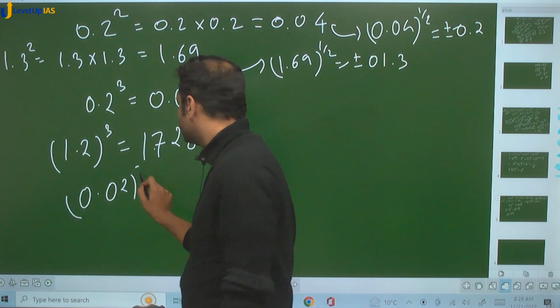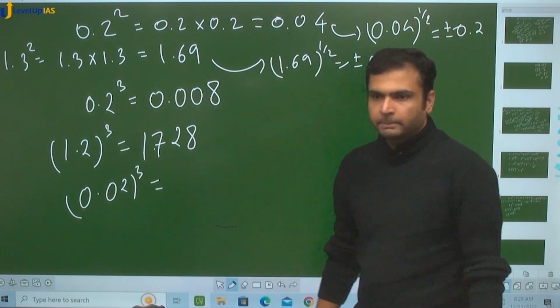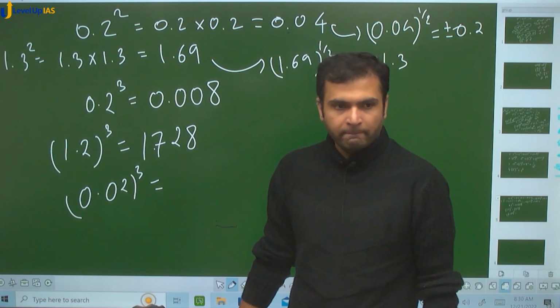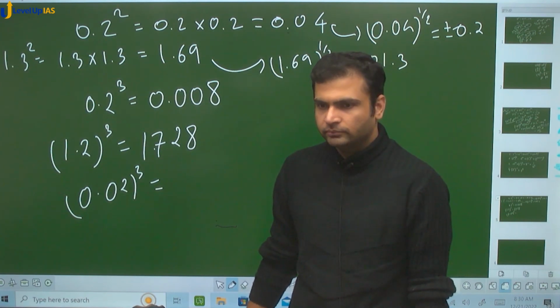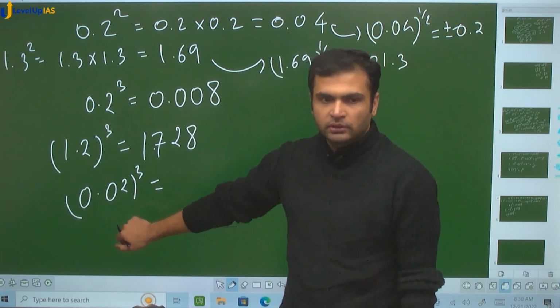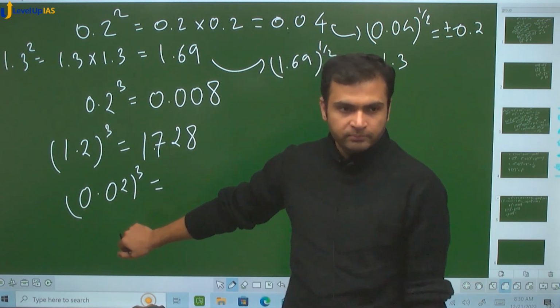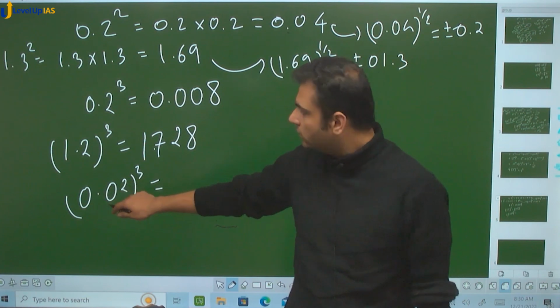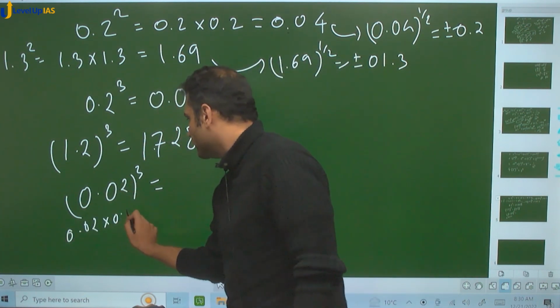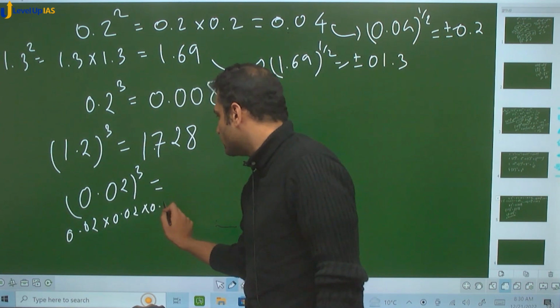What would 0.02 cube be? Here there are 6 digits after the decimal point, 2 for each. It is nothing but 0.02 into 0.02 into 0.02.